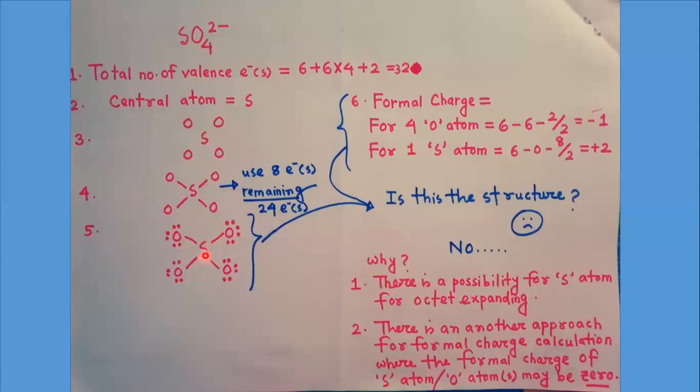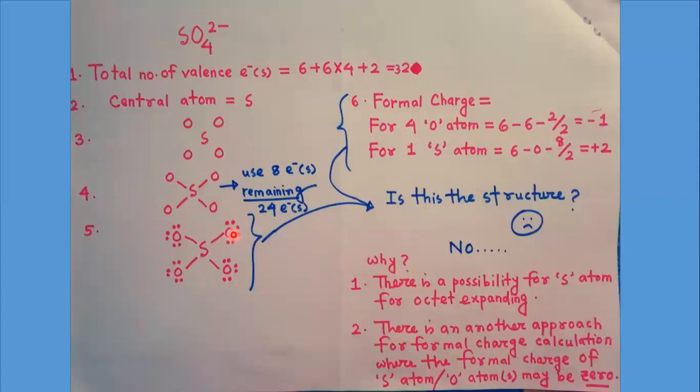Now we have to make sure this is the perfect structure of sulfate ion. Let's try to calculate the formal charge. There are 4 oxygen atoms here, and for these oxygen atoms, the formal charge equals valence electrons minus lone pair or non-bonding electrons minus bonding electrons divided by 2. There are 6 valence electrons in oxygen atoms.